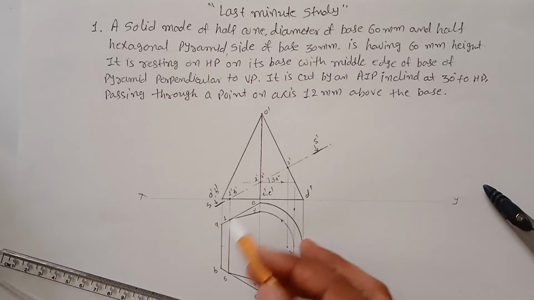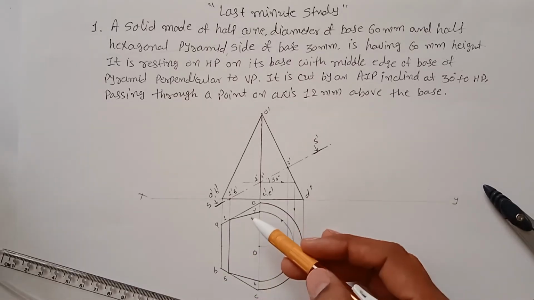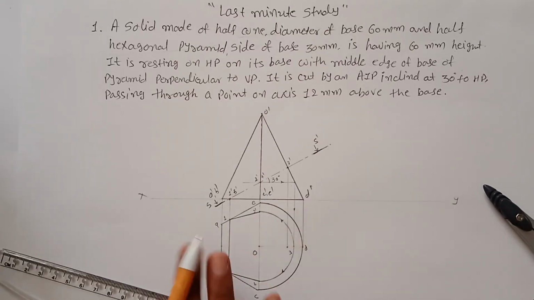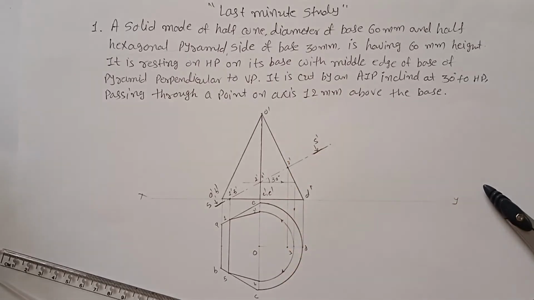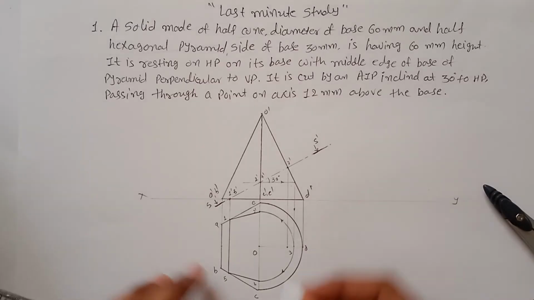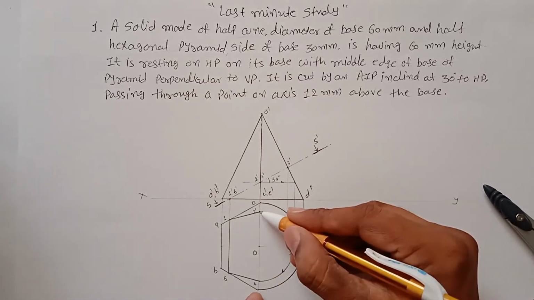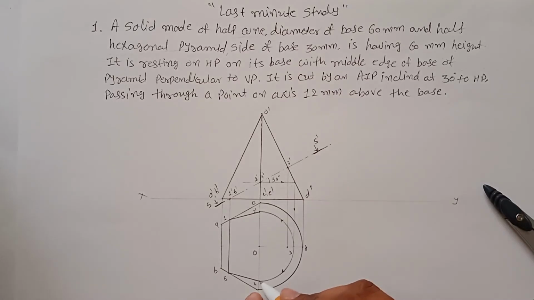Now you can see this part has to be drawn with straight lines because it's a hexagon, but here it is a cone. So the cone has to be drawn with circular curvature, like this, which is transferred from 2 dash, 3 dash and 4 dash.